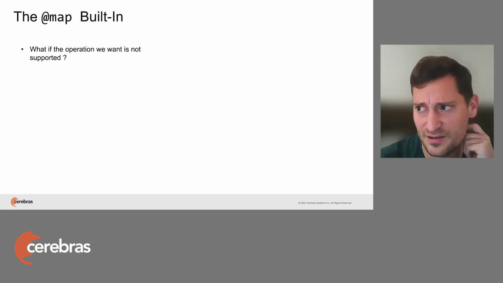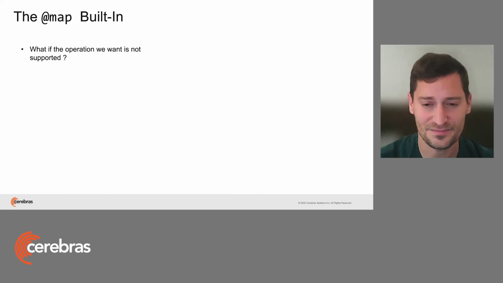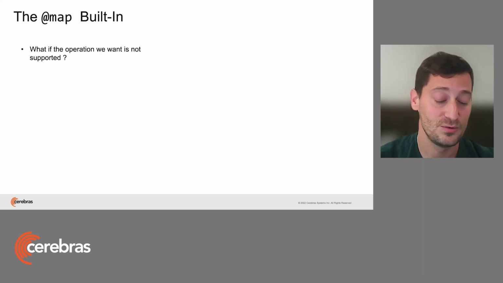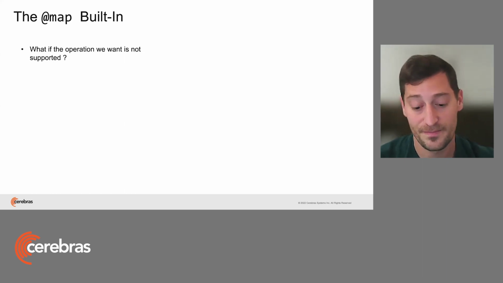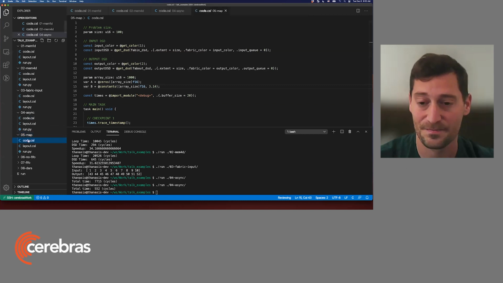What happens if the operation we want to perform is not in that list? That's okay. We can use this built-in called map to use DSDs for arbitrary compute. And I'll show you an example of how we can do that.